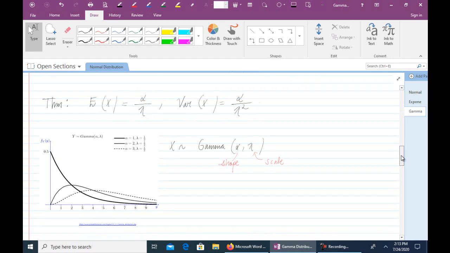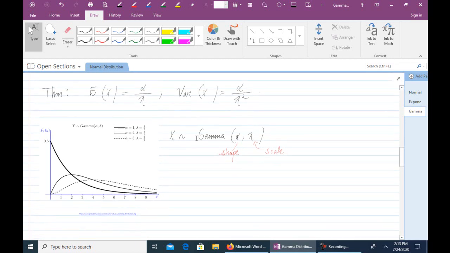When we have a gamma distribution with the parameters alpha and lambda, the alpha here is called the shape parameter. Lambda is the scale parameter. So here is a graph for the same lambda value but for different alpha values.